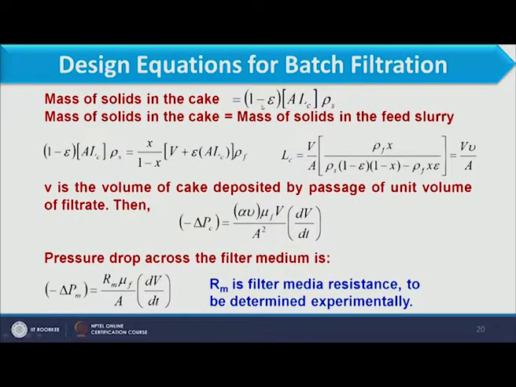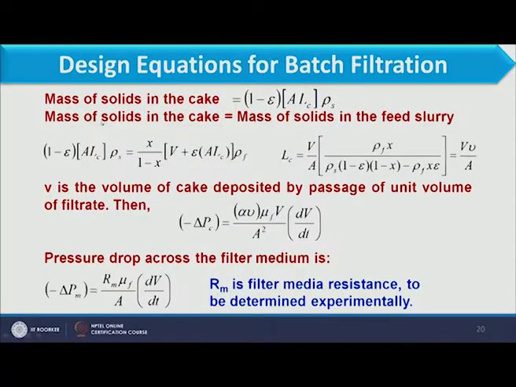Further, the mass of the solid in cake is 1 minus epsilon A Lc into rho S. Again, A Lc is the volume of the cake, 1 minus epsilon is the fraction of volume that is solid in the cake, into rho S. So it will give the mass of the solid in cake.